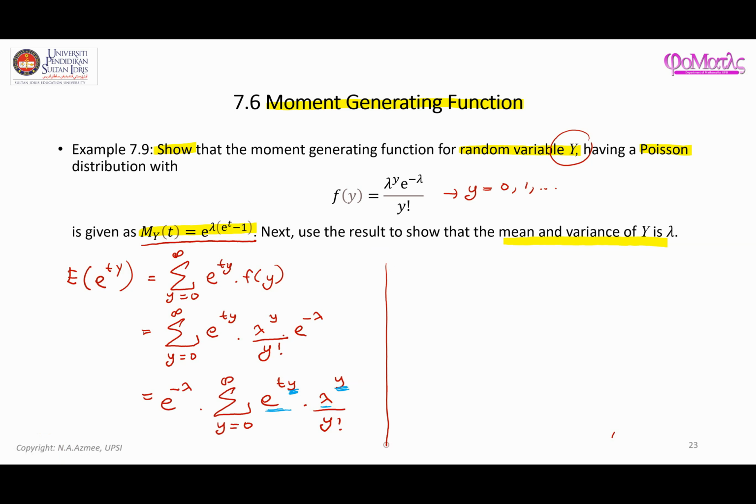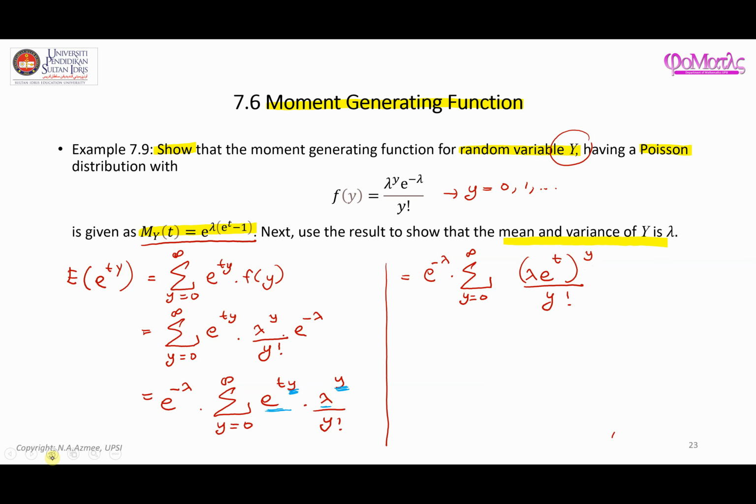So here we will have e to the negative lambda, and this is y from 0 to infinity, and we're going to combine that with lambda e to the t, to the power y, over y factorial. So you can see that these two terms here are now combined under one roof. So here y is on the outside at the top.